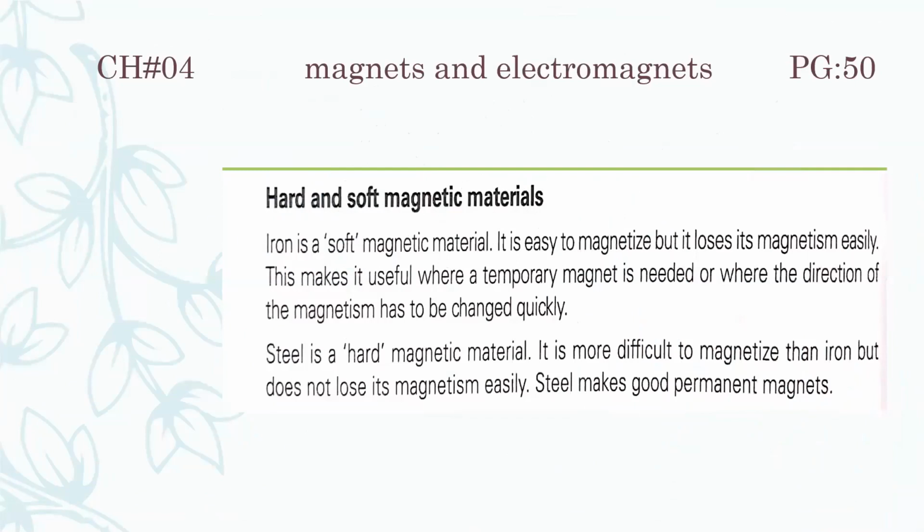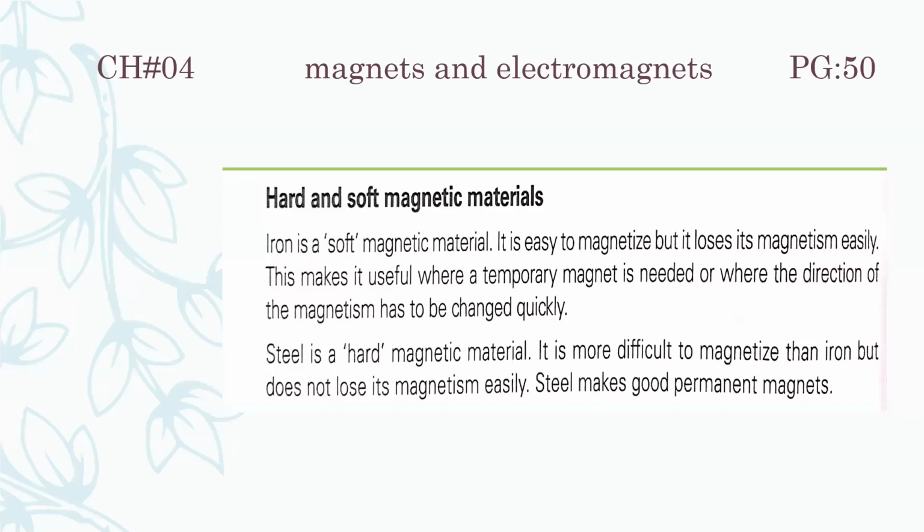Now come towards the hard and soft magnetic materials. Iron is a soft magnetic material, as I explained earlier. Why is it a soft magnetic material? Because after removing the external magnetic field, it loses its magnetic character. So it is easy to magnetize, but it loses its magnetism easily. This makes it useful where a temporary magnet is needed.